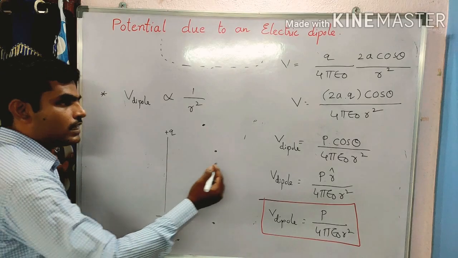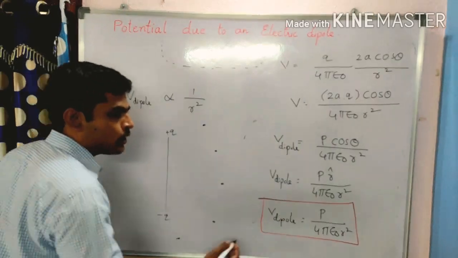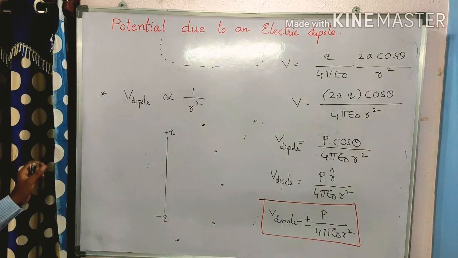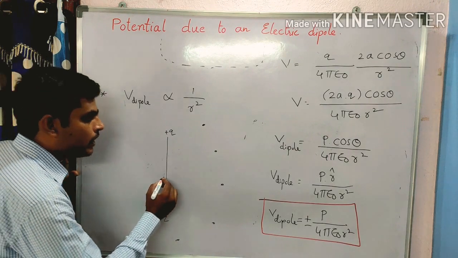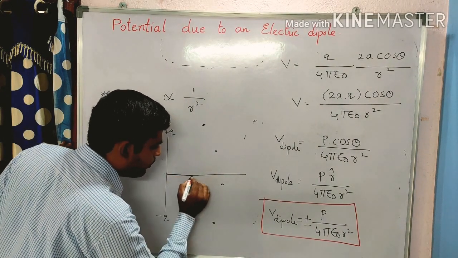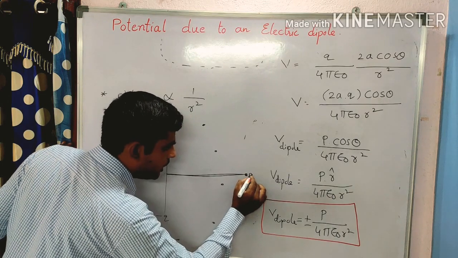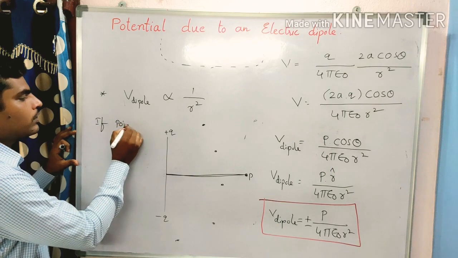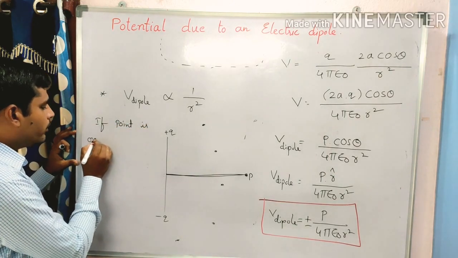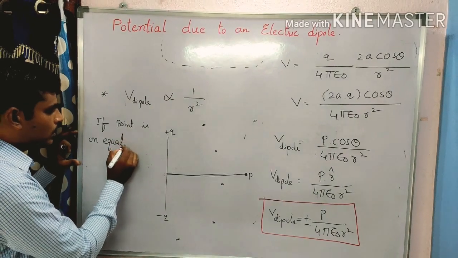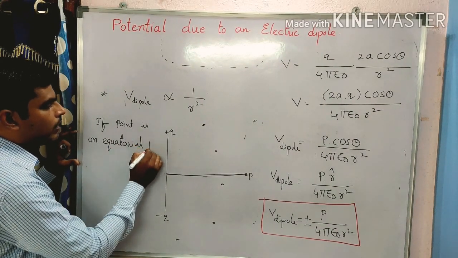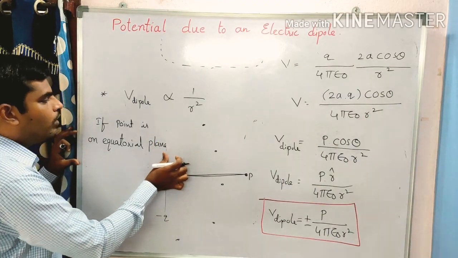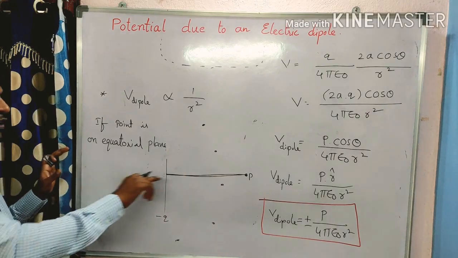So here, as the cos theta values are plus or minus, we will write the electric potential due to a dipole as plus or minus p by 4 pi epsilon naught r square. Why? Because if the point whichever you have taken is on the equatorial plane, what is the value of the electric potential on the equatorial plane of a dipole?